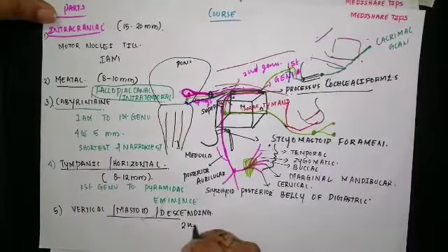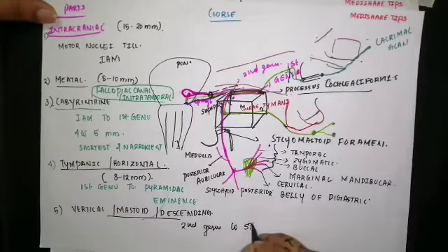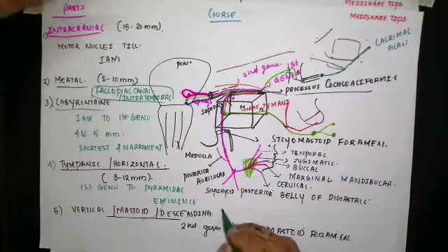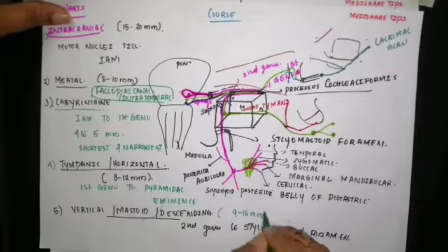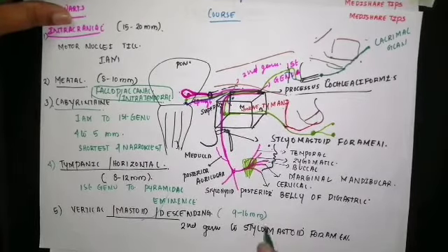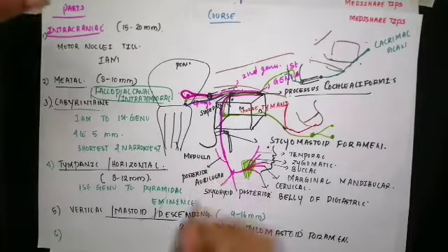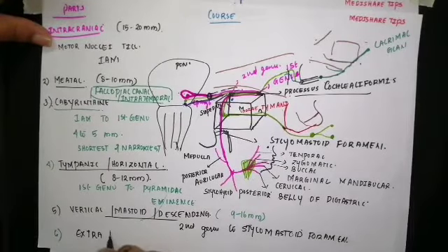The length of this vertical segment is 9 to 16 millimeter. It is the longest part of the intratemporal course of the facial nerve. And the next part is the extratemporal, that is, out of the stylomastoid foramen.